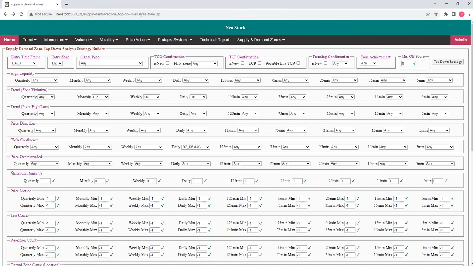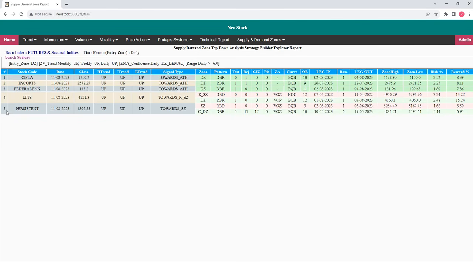So I am selecting the parameter minimum range and I am choosing the time frame daily. There I am adding the value 6. So that means at least between demand and supply zone, a 6% return should be there. So now let me click on the top-down strategy. Now the list is further reduced to 5.